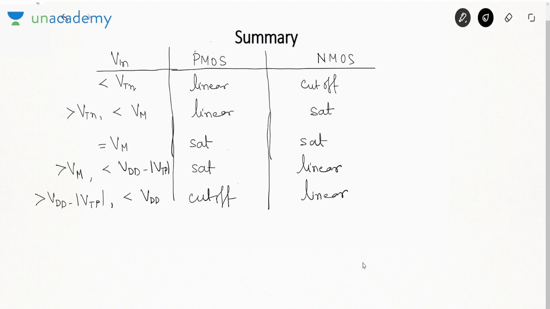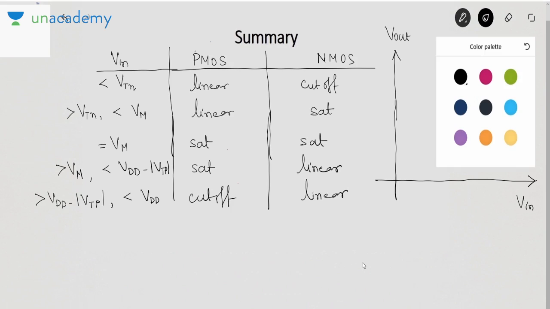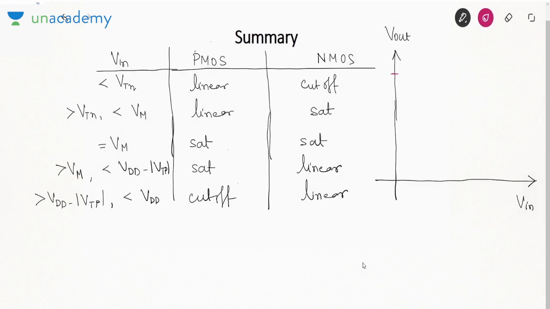And if we draw the characteristics, see the characteristics carefully. If we draw the characteristics, that is the transfer characteristics Vout versus Vin. Initially Vout was VDD. So this graph goes something like this.